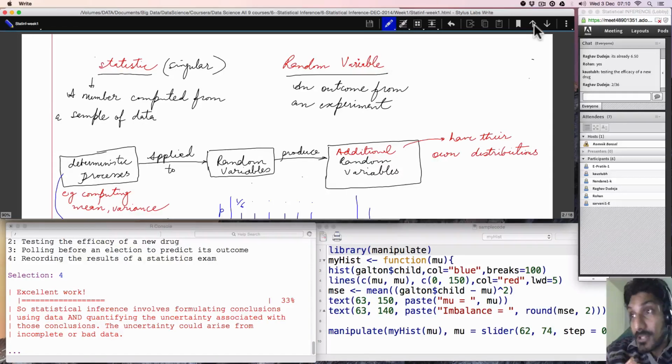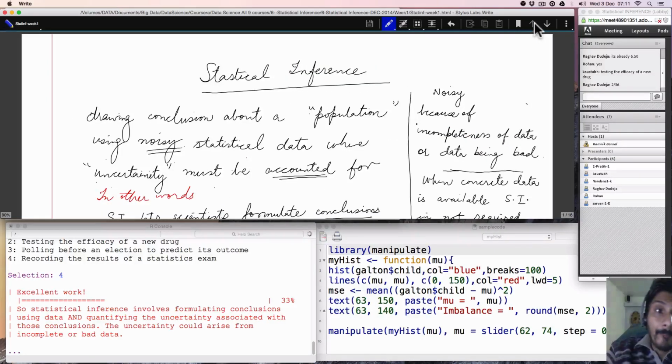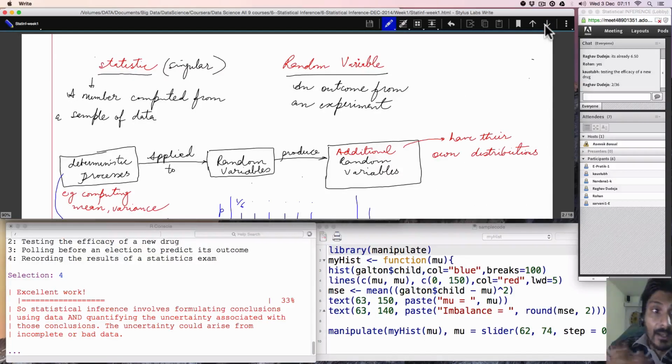It is not numbers, right? So my outcome need not be in terms of numbers. My outcome will be in terms of what has actually happened in that experiment, what I'm capturing. That is my sample data. Out of that, I'm creating random variables. Is this part clear to you guys?